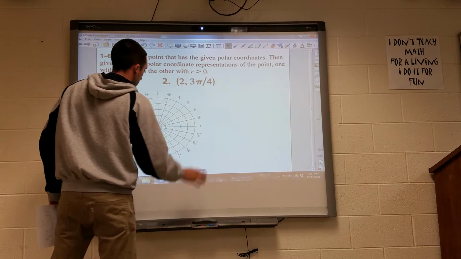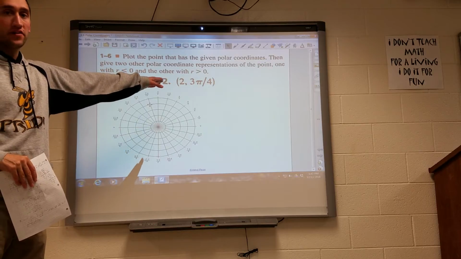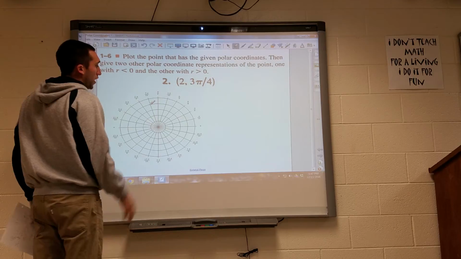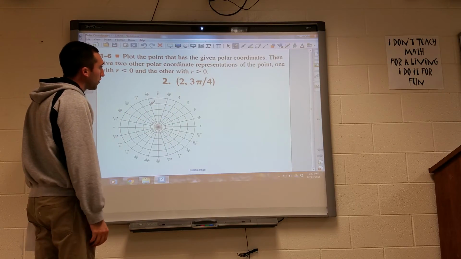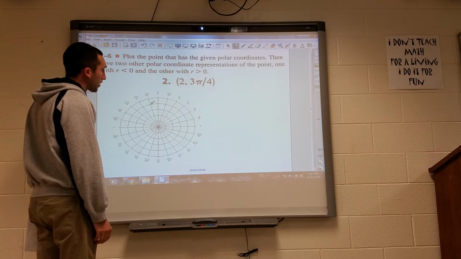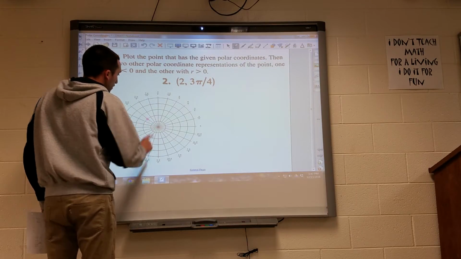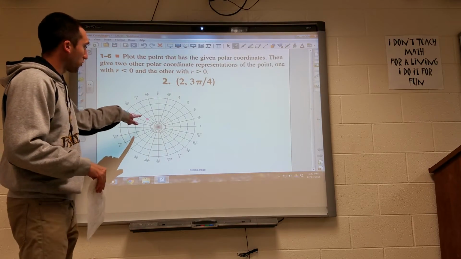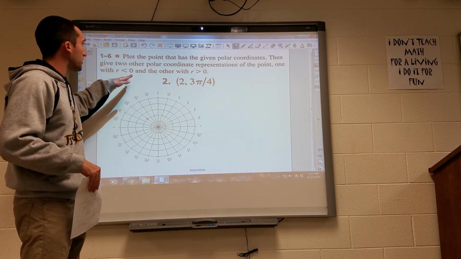Okay, and so let's go ahead and graph this point. The point is 2, 3 pi over 4, so that means I'm 2 circles out, and 3 pi over 4 is my angle, so I'm over here.